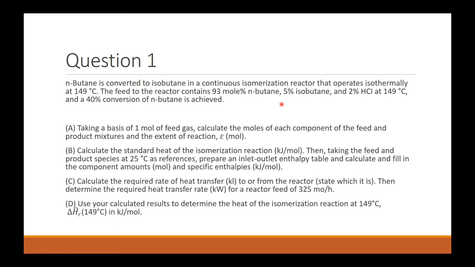For part A, taking a basis of 1 mole of feed gas, calculate the moles of each component of the feed and product mixtures and the extent of reaction. B. Calculate the standard heat of isomerization reaction in kilojoules per mole. Then take the feed and product species at 25 degrees Celsius as references, prepare an inlet-outlet enthalpy table, and calculate and fill in the component amounts in moles and specific enthalpies in kilojoules per mole.